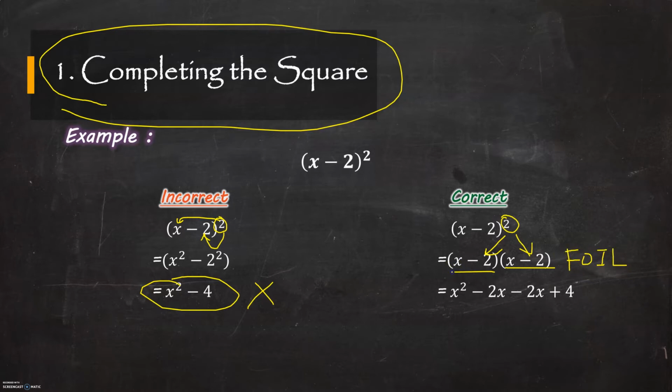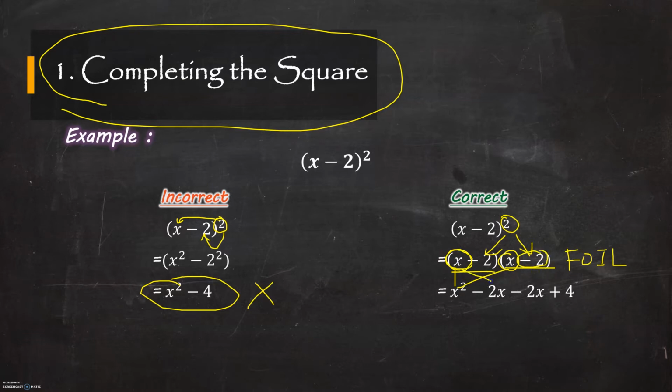So let's do the first, which are the first terms in each parentheses. So we have x multiplied by x, so we have x squared here. And after that, we do the two outer terms, which are x here and the negative 2 here.